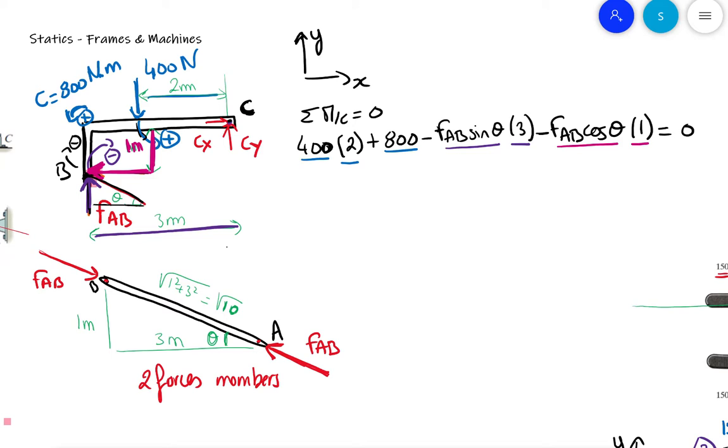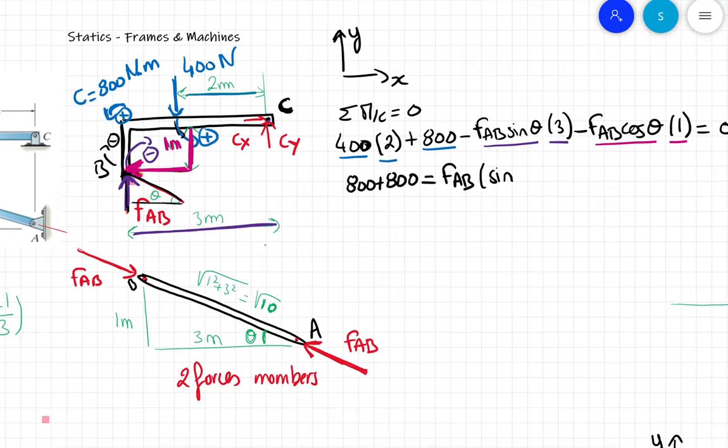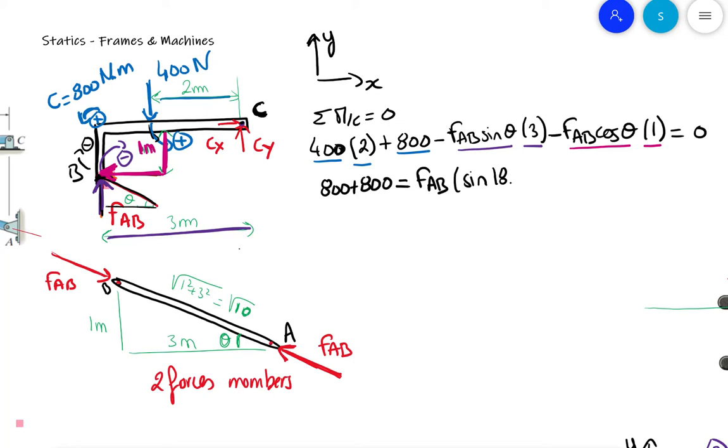Okay, so now we need to solve. So we have 400 plus 800 equal to FAB sine theta. How much was the theta? 18.4. 18.4 times 3 plus cosine 18.4 times 1.